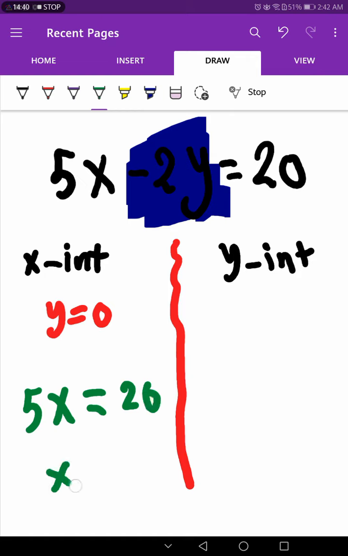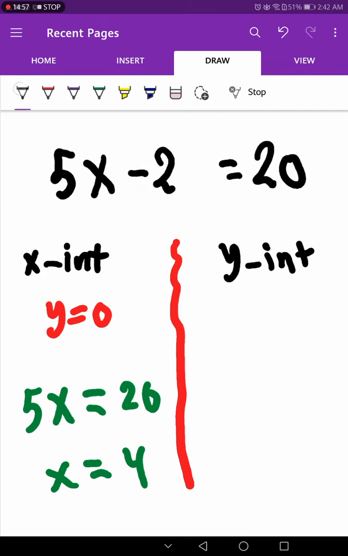So x equals 4. Great. Now we are done with the x-intercept, x equals 4.